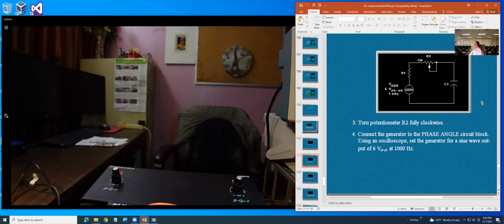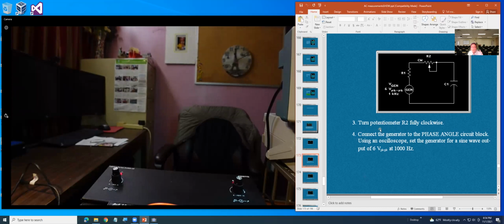So that's what I have to do. Okay, I set the generator. It will be 6 volt. Okay, and 1 kilohertz, that's fine. Then see what's next.